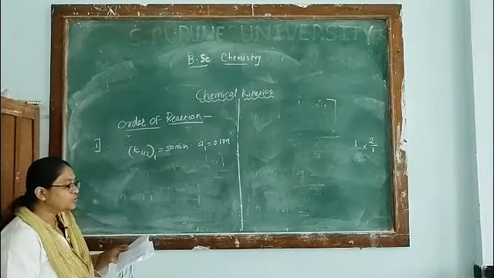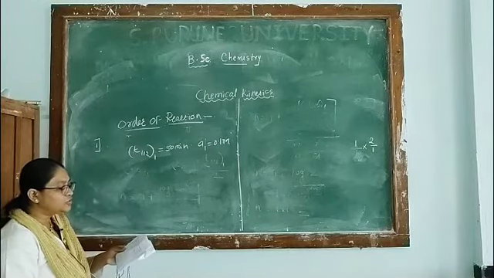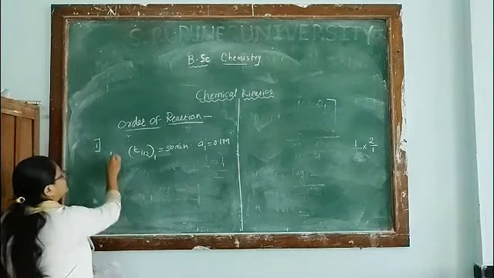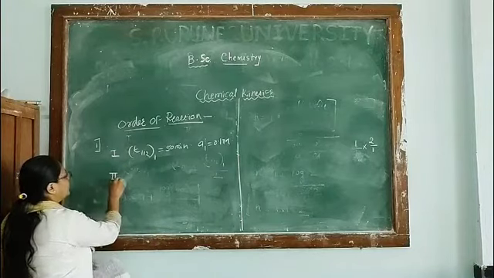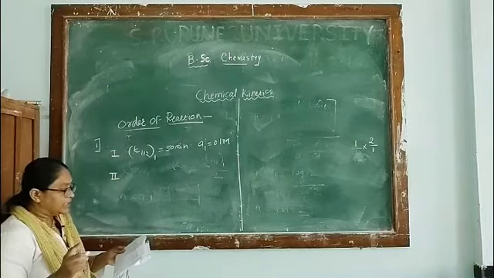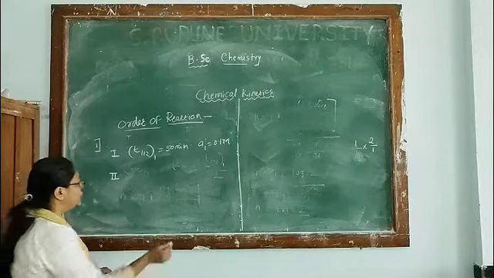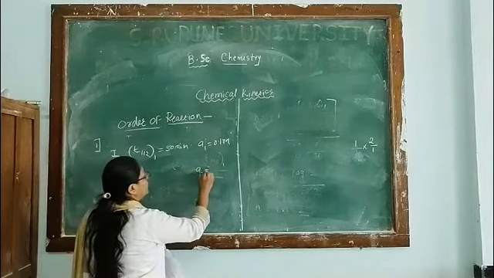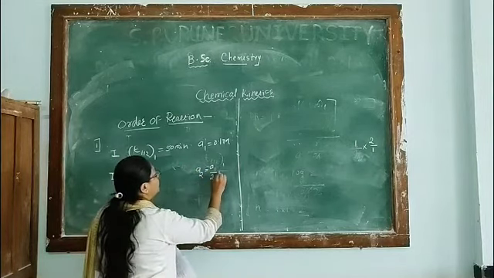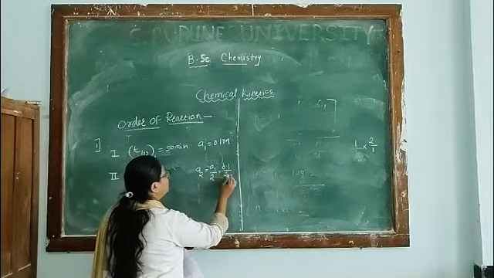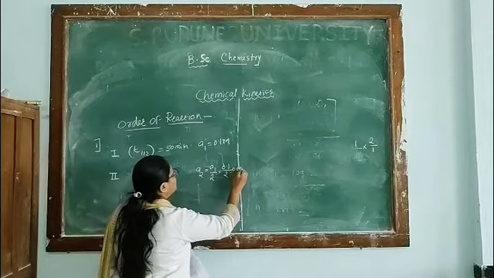So this is the first set. Now in the second set what is done? The concentration of ammonia is reduced to half of the initial. So A2 is equal to A1 divided by 2, that means 0.1 divided by 2, which is 0.05 molar.